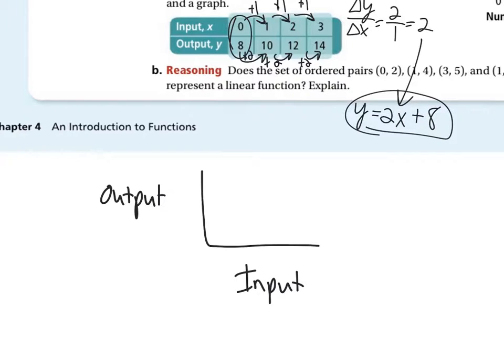Since the book's saying go by 4s, I would just probably do a break again and just start at 8 and then just go by 2s. Okay, so we'd start at 0, 8 and then go up from there. You guys can do the graph part. And again, it's a straight line, so it is a linear function.